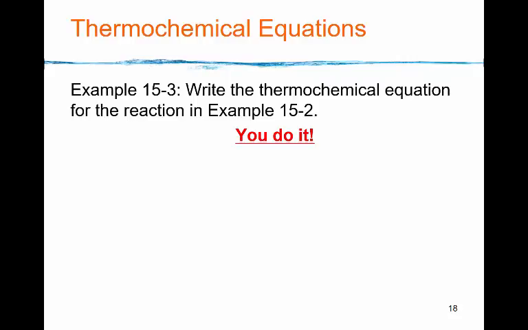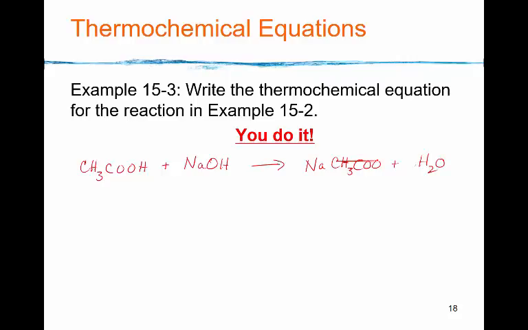All right, so yeah, it had acetic acid, CH3COOH, plus sodium hydroxide gave us sodium acetate and water.